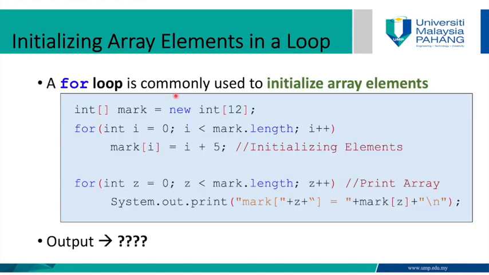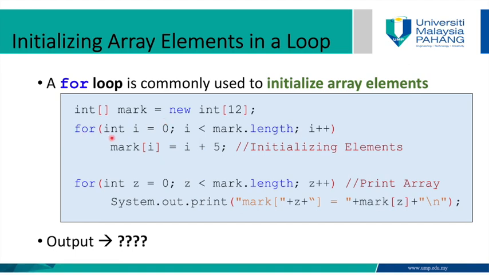When you are trying to initialize array elements in a loop, you can use a for loop. So how can you use it? Let's take a look at the example here. We have int[] mark equal to new int[12]. We are creating an array with size 12, and now we want to initialize the values of the data in our array.